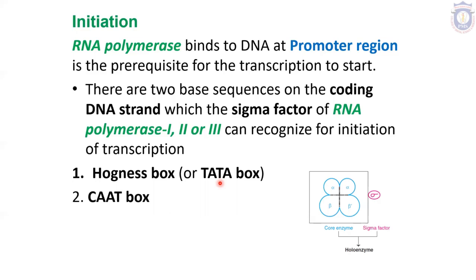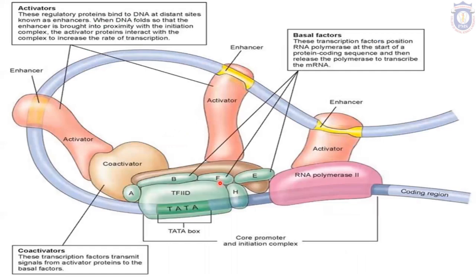Specialized sequences of DNA known as TATA box or Hogness box and CAT box are identified by these respective enzymes. This is the TATA box that lies in the core promoter region.